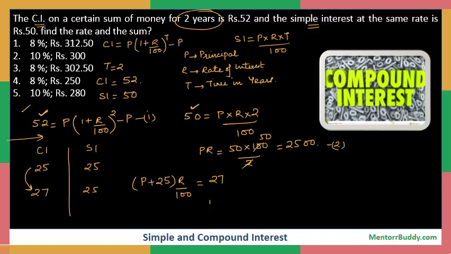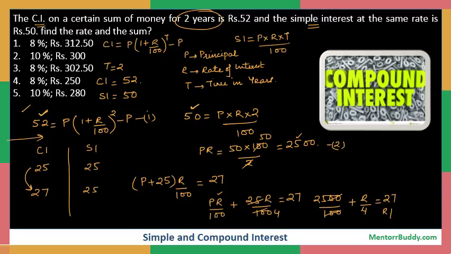Now when I solve it further, I get PR by 100 plus 25R by 100 is equal to 27. For PR we already know the value, which is 2500, so it becomes 2500 by 100 plus 25R by 100, which simplifies to R by 4 is equal to 27. These two zeros get cancelled, and therefore R by 4 is equal to 27 minus 25, that is 2.